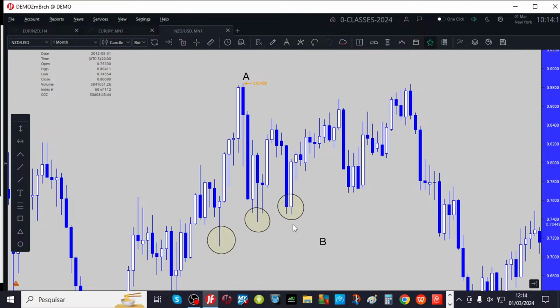Is the first circle the B, everybody? Is the second circle the B? Or is the third? What do you think?